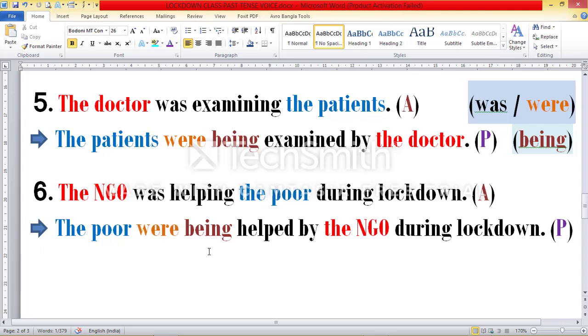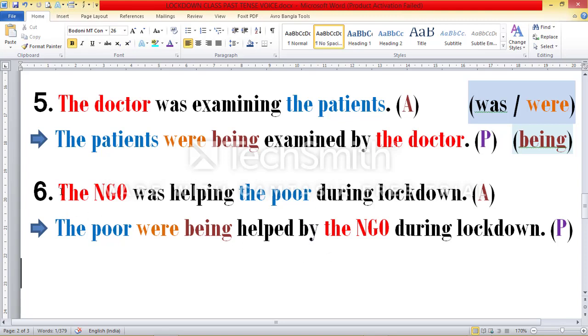As the sentence is of past continuous tense, apart from was or were, being also will come after were. So after were, we have put here being. Then we have to put the third form of the verb help. And the third form of the verb help is helped. So we have written the third form of the verb. Then after writing the third form of the verb, we have to put generally the preposition by.